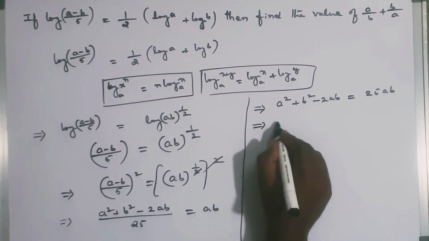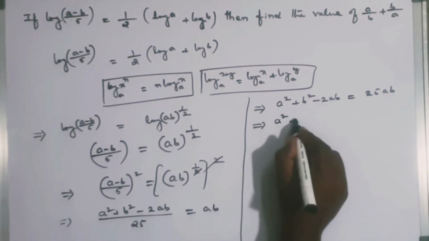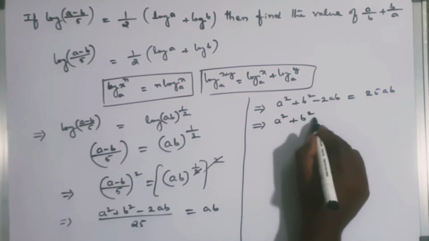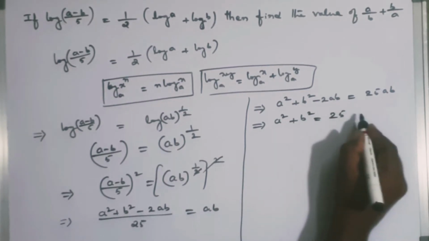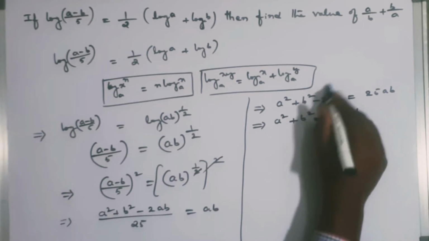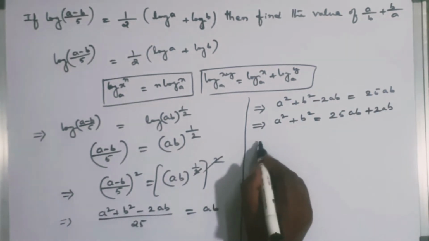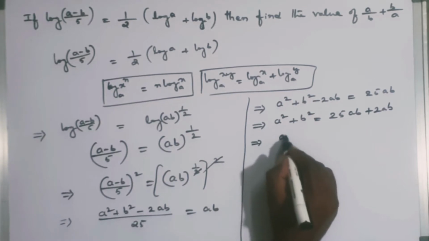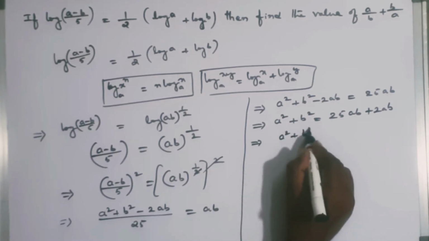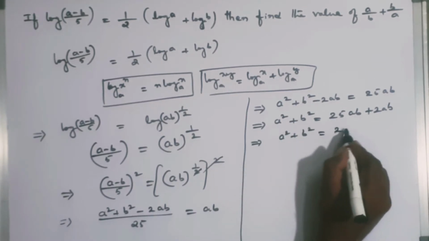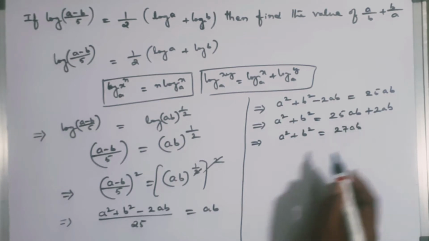So a square plus b square equals 25ab minus 2ab, which becomes plus 2ab, which equals a square plus b square equals 27ab.